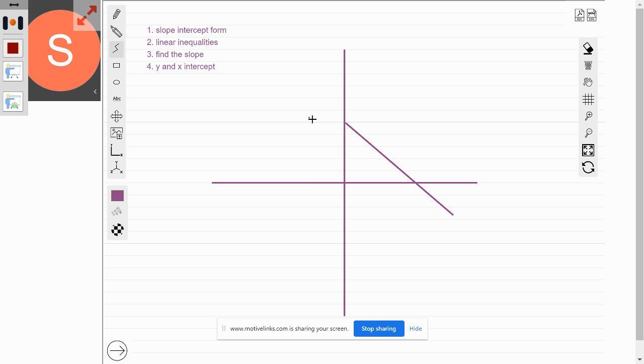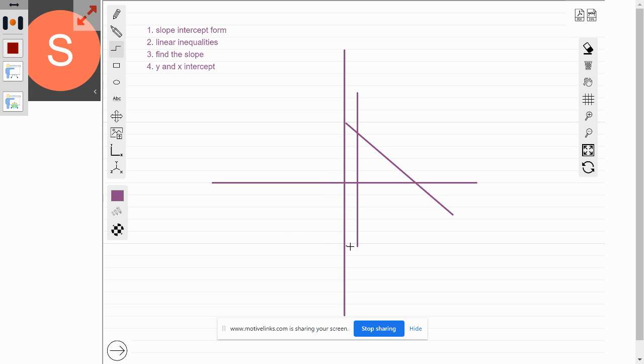Now, right here, this line has a negative slope since it's going down. So now let's take a look at what a positive slope would look like. You guys guessed it.